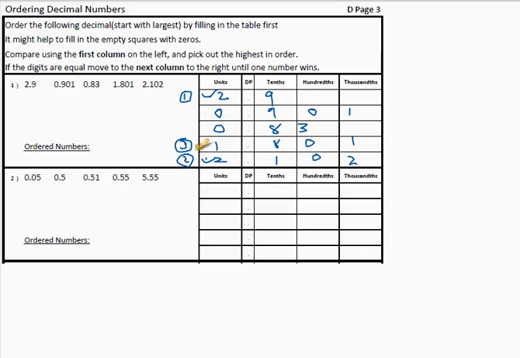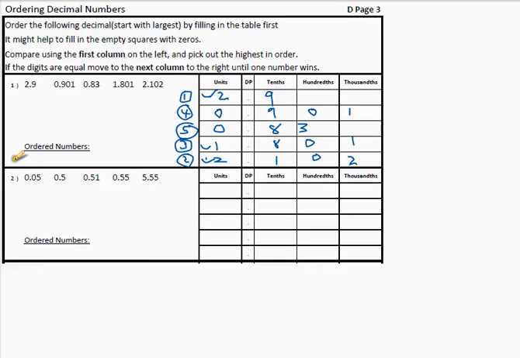Okay, now we only have 2 left, a 0 and a 0. In other words, we have to go to the next column. There's a 9 and an 8, and 9 is bigger, so that one won. So that is going to be my number 4, and then this one is number 5. It is the smallest one.